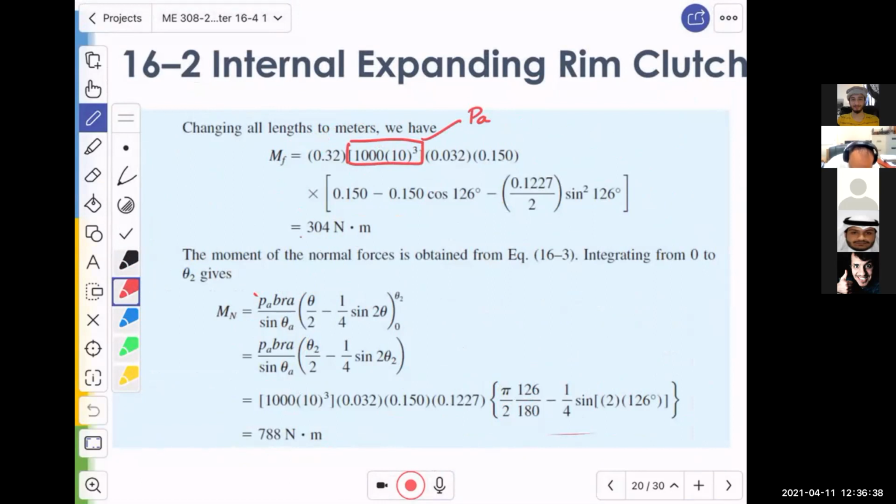You're going to get some number multiplied by PA. And here, you are going to substitute this as PA. So what are you going to get? You're not going to get this one. You're going to get some numbers multiplied by PA. But the truth is, we substituted 1000 kilopascal here.